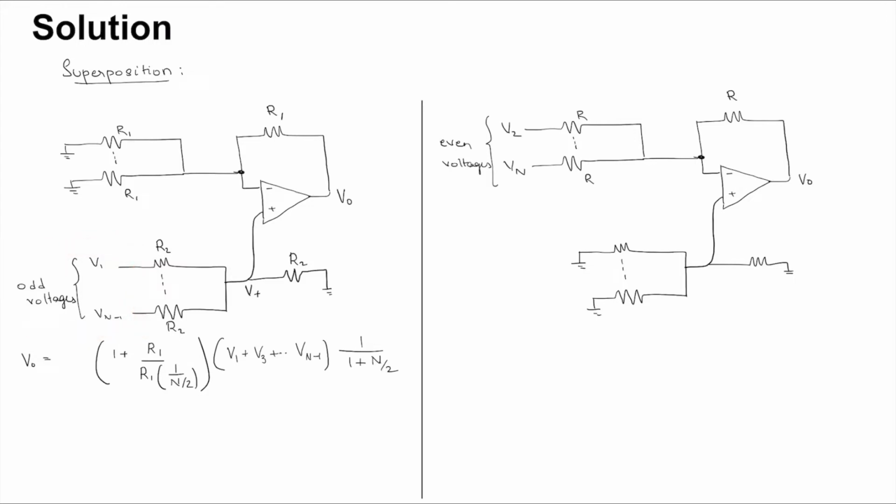But you can see that this is simply 1 plus n by 2 times V1 plus V3, that is the sum of the odd voltages, times 1 over 1 plus n by 2, and both of them will cancel out, leaving you with just the sum of the odd voltages.